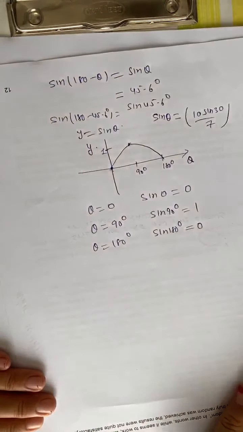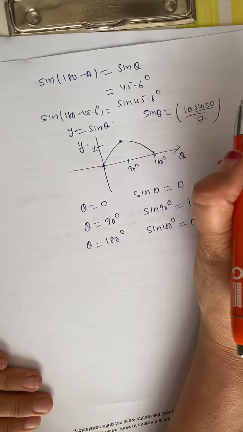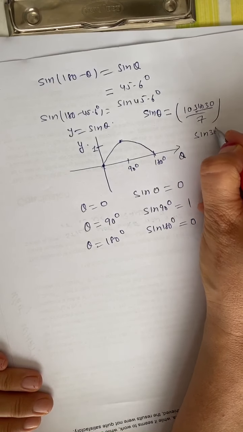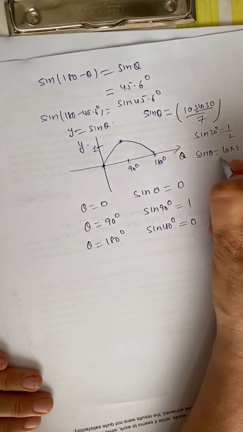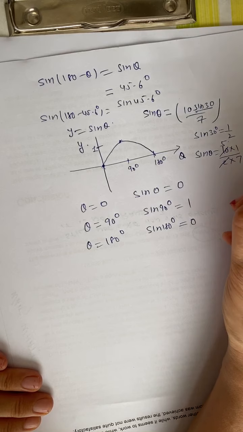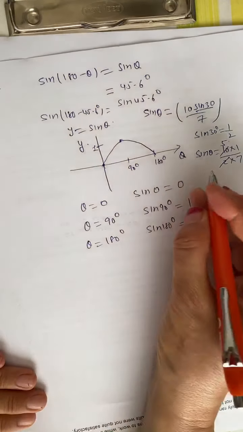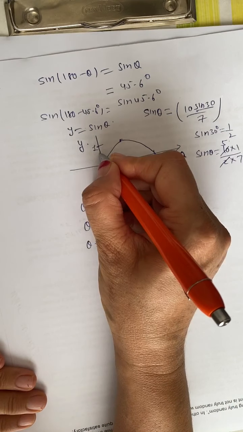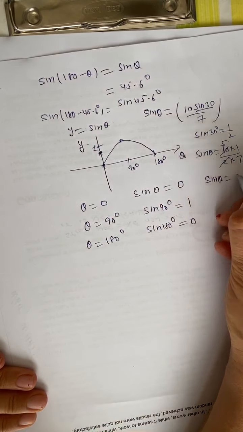Sine 30 is half, so sine theta is equal to 10 times half over 7. This is 5 over 7, and 5 over 7 is less than 1, so it's somewhere here.